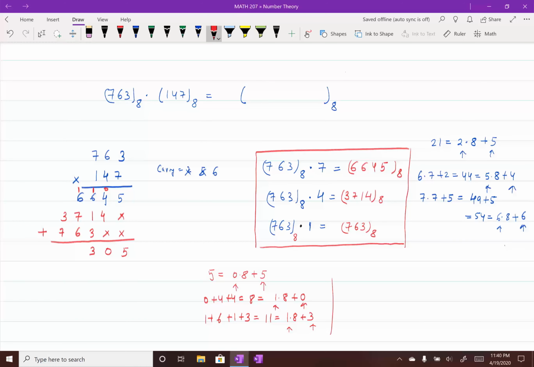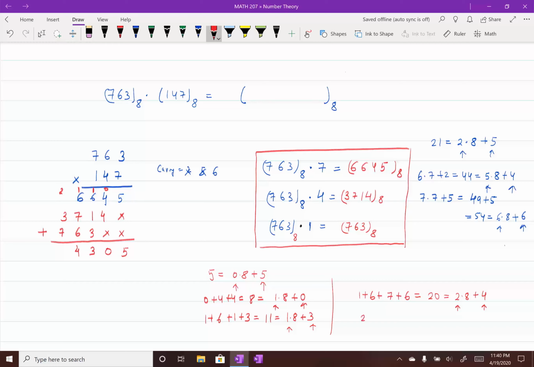Then in the next step I'm adding 1 plus 6 plus 7 plus 6, which is going to be equal to 20. 20 I can write as 2 times 8 plus 4. So my remainder is 4, my quotient is 2 here. So I will put a 4 here, and my carry for the next step is going to be 2 here.